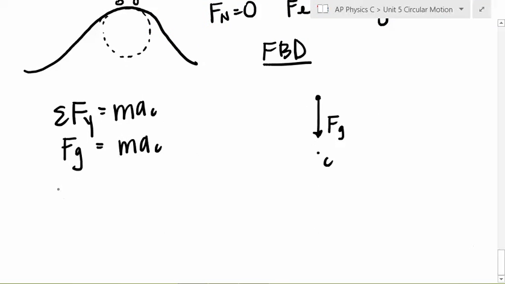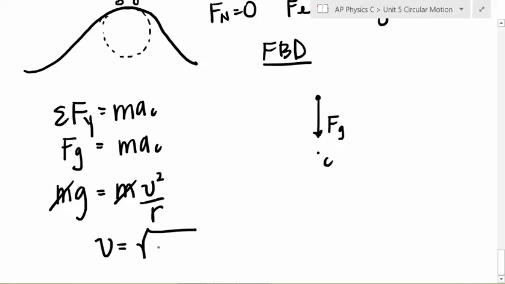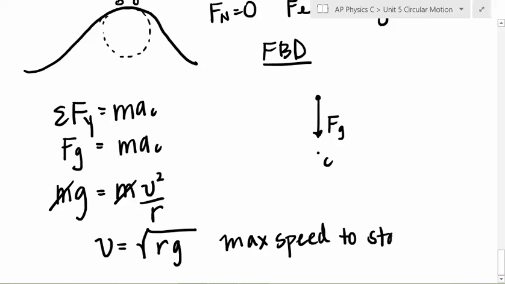The gravitational force is the mass of the object times the gravitational field constant, which would be mv squared over r. So do you see we're getting the same equation for the velocity, but this time it's not a minimum speed, but it's the maximum speed to stay on the hill.